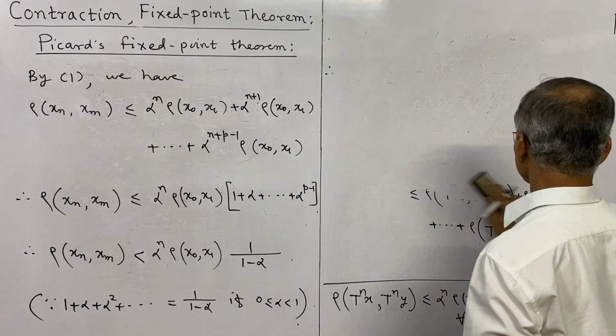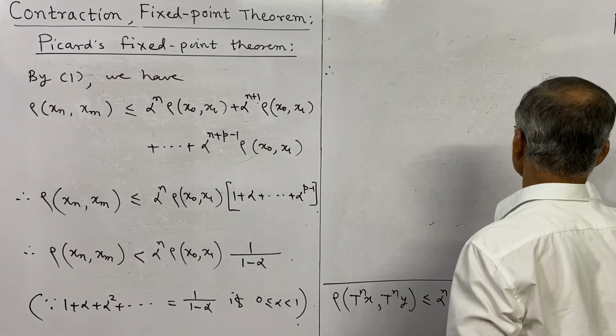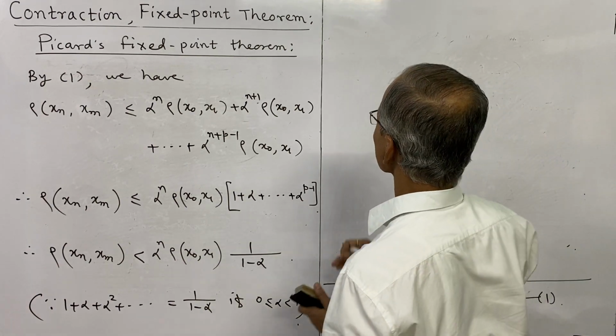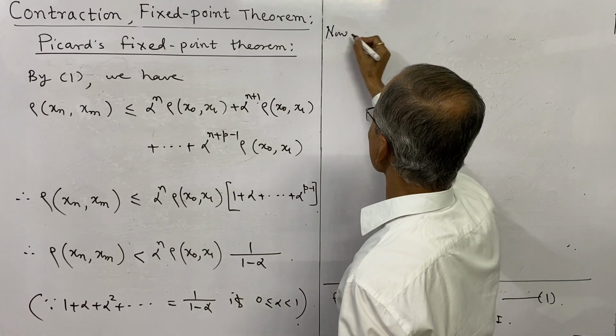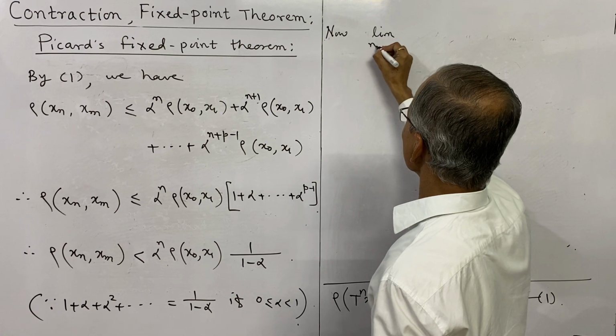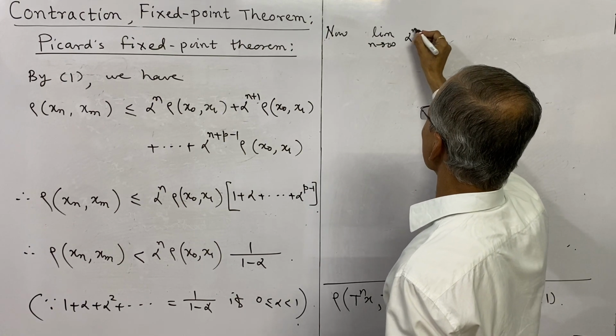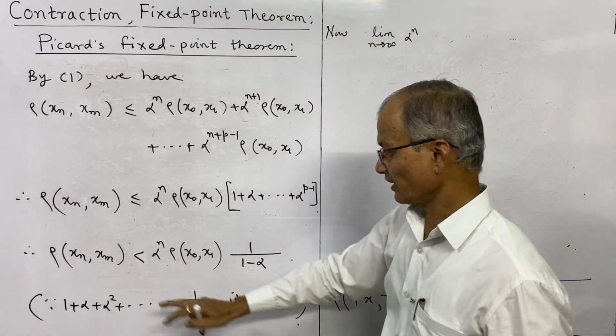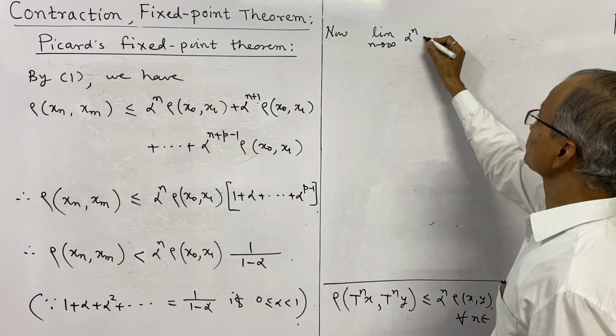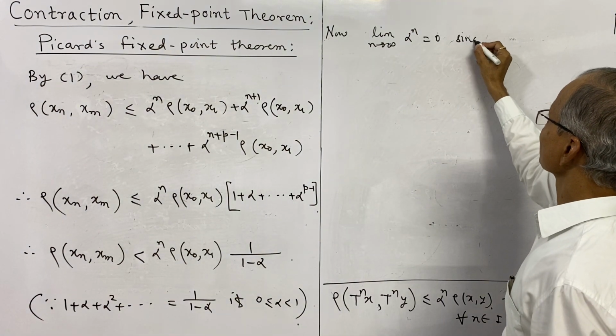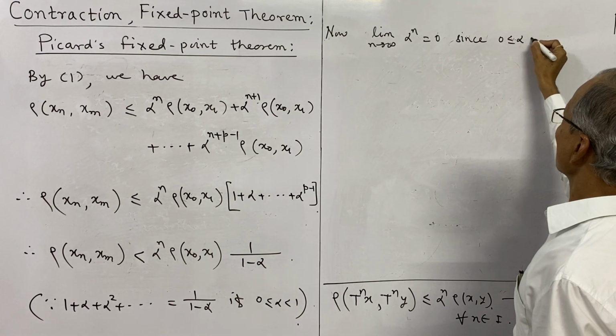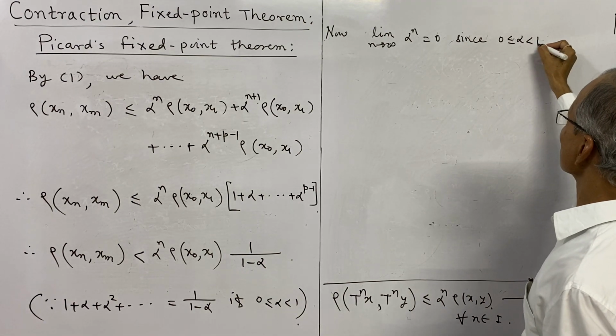Therefore, what is the limit of this as n tends to infinity? Now, limit n tends to infinity of alpha power n is equal to 0, since alpha is between 0 and 1.